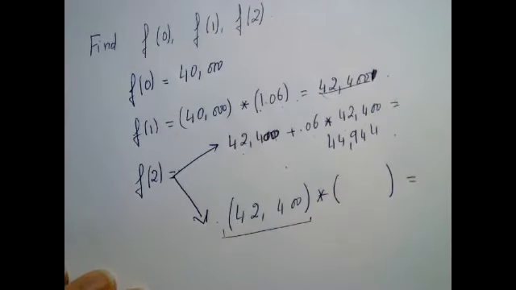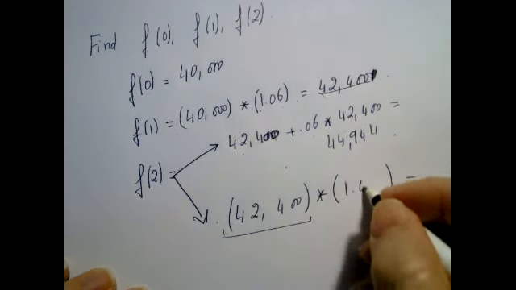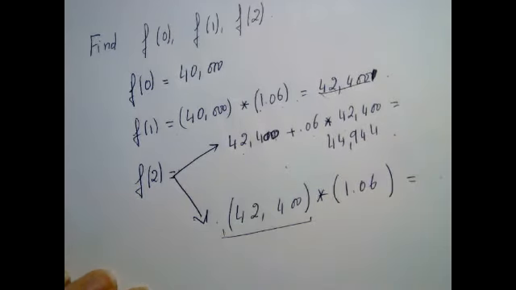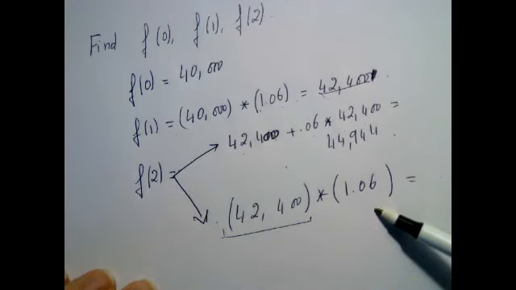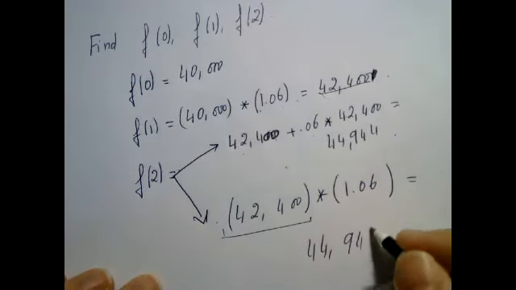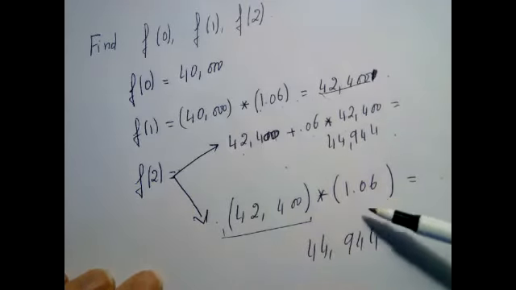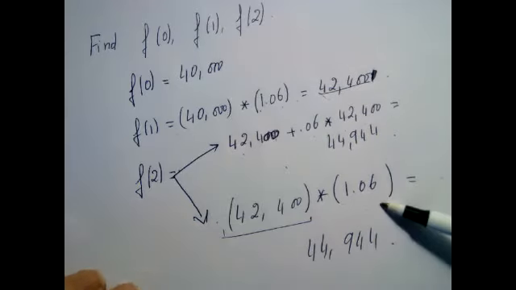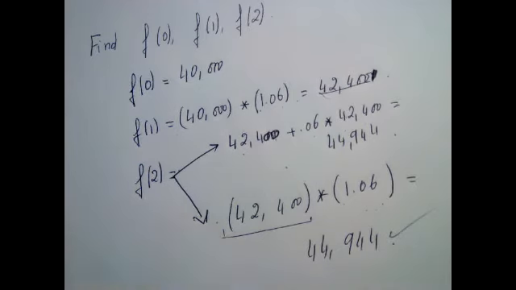Exactly, I should multiply it by 1.06. So you can do this problem 2 ways, and this is the one I'm emphasizing. I multiply it by 1.06 and I get exactly 44,944. So I multiply his old income by 1.06, which is the 100% plus the 6%.